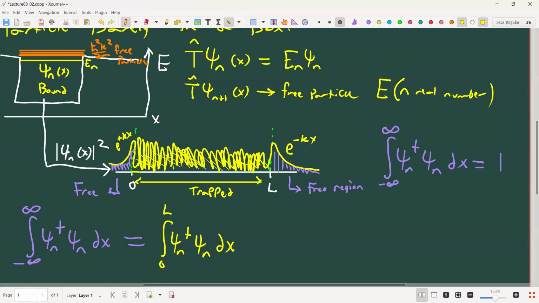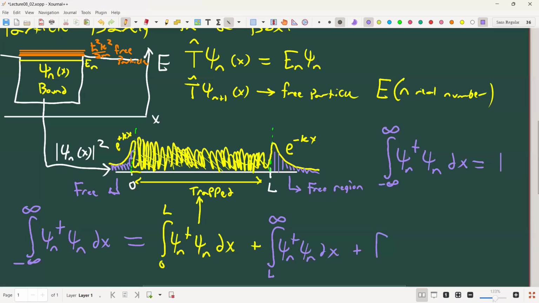That's the trapped part. And then we add to it the probability that it's in the free region, and that's going to be from L to infinity, psi n star psi n dx, and then one for the other side, from negative infinity to minus L, psi n star psi n dx.